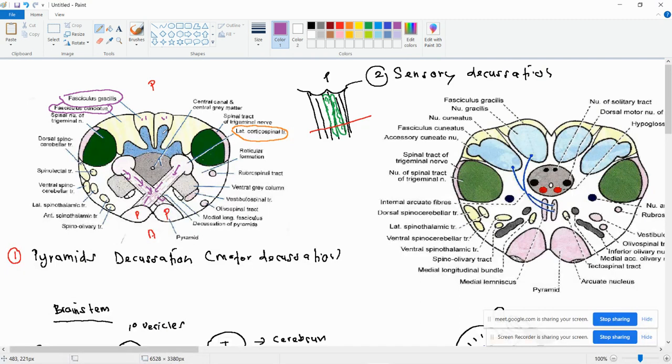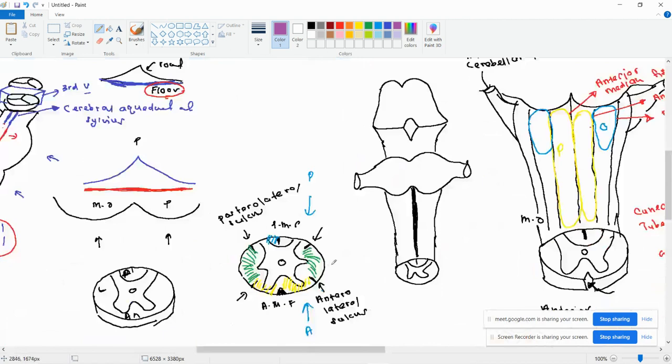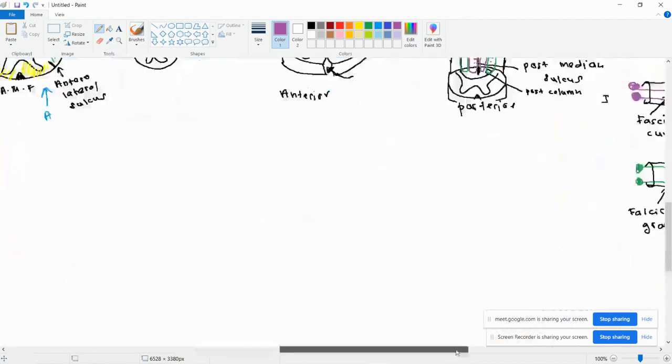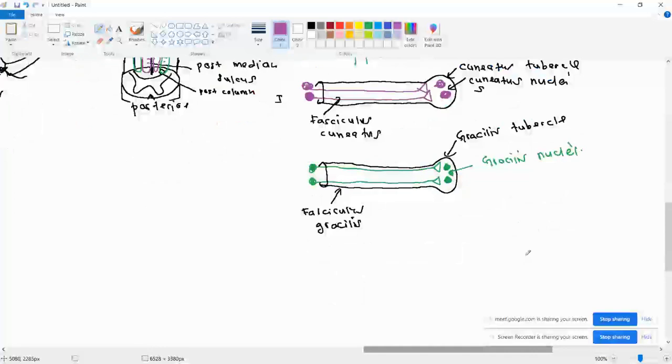Please remember that fasciculus gracilis and fasciculus cuneatus derive from the spinal cord. These two fasciculi are somatic sensation tracts, and both carry sensation. What sensation do they receive?